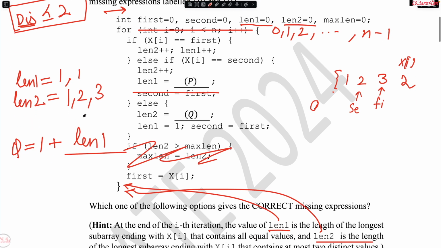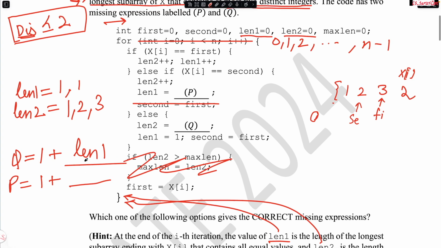So by this analysis, P is equal to 1 plus something. Now you may say that let's take the value of len1 and len2 here and then consider if len1 were to be present over here. See, this is the value that len1 held, right? This is the value that len2 held because this increment happened before this, right?